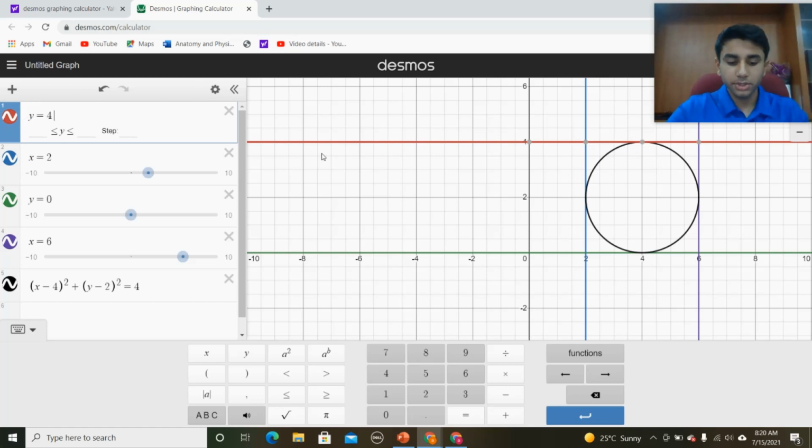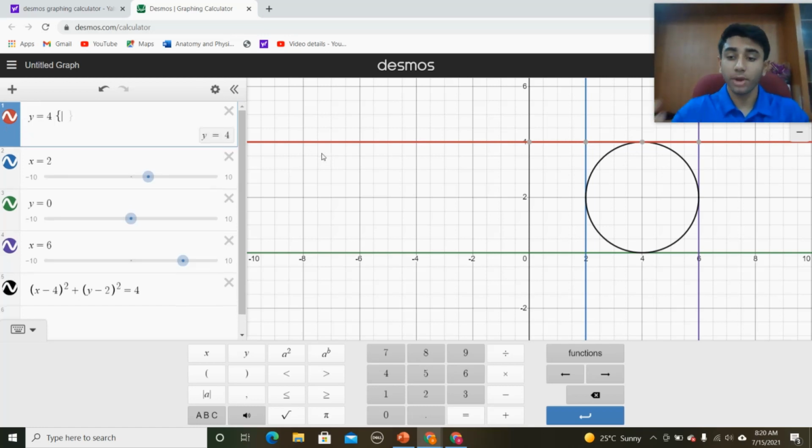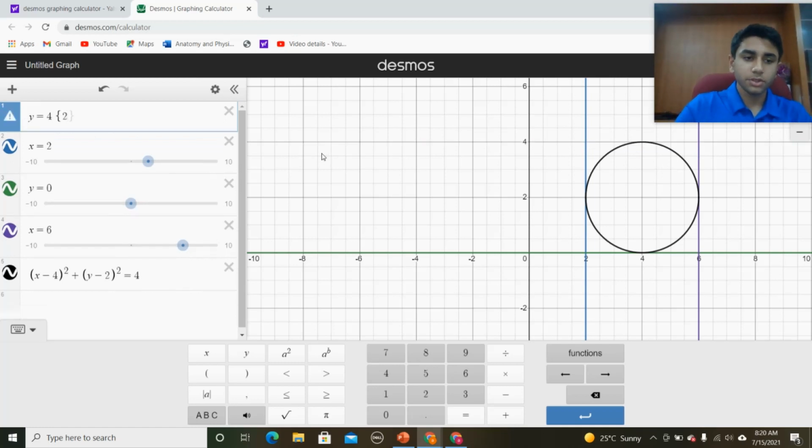So what we're going to do is put our constraint in curly braces, we're going to put 2, and then of course we're going to put it in terms of our x-axis in this case. So we'll say 2 is less than or equal to x is less than or equal to 6. And so as you can see, that line segment is just formed between 2 and 6 on the x-axis.